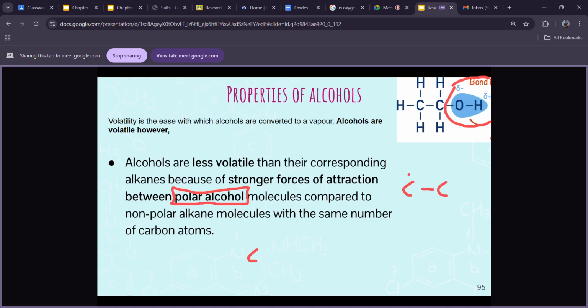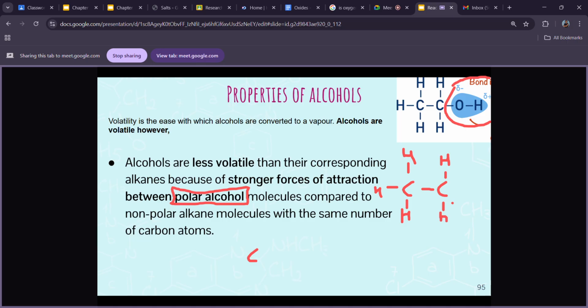So let me draw the corresponding alkane here so you can see. The top one is ethanol, 2 carbons, and this right here is ethane.